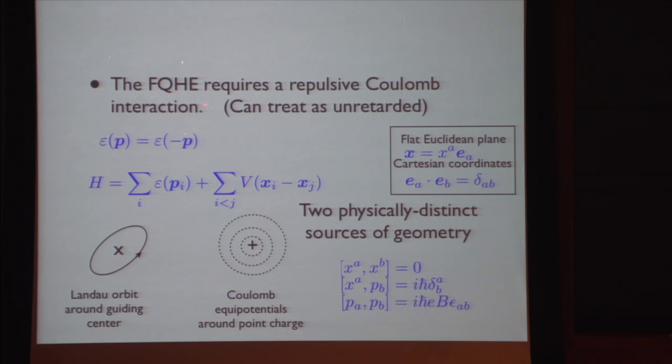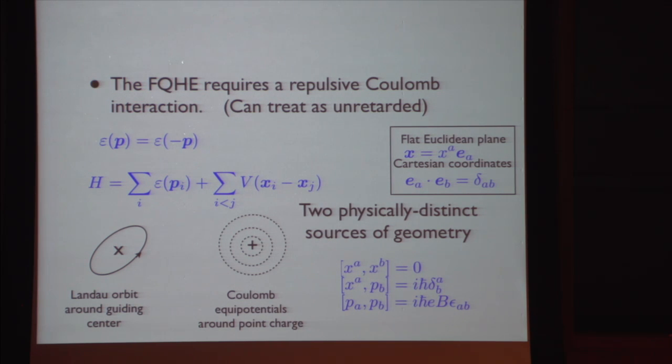But the fractional Hall effect is not an effect that occurs because of Landau quantization directly. It doesn't occur unless you have interactions in the problem. And the interactions are the fundamental component of the fractional Hall effect. So to model this, apart from having a kinetic energy which will give you Landau quantization, you also have to have this interaction term. And this actually gives rise to 2 completely physically distinct sources of geometry in the problem.